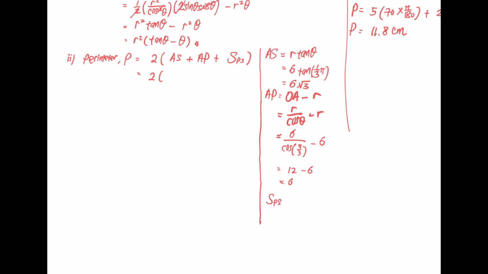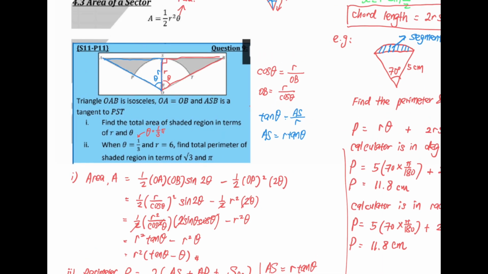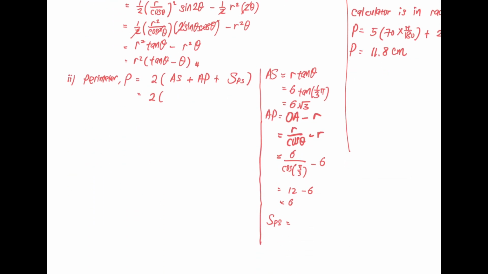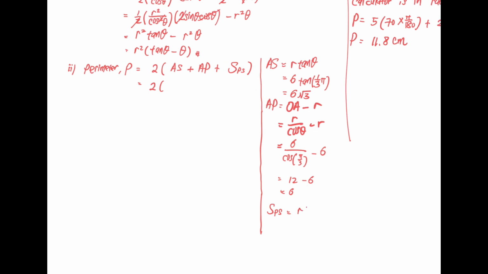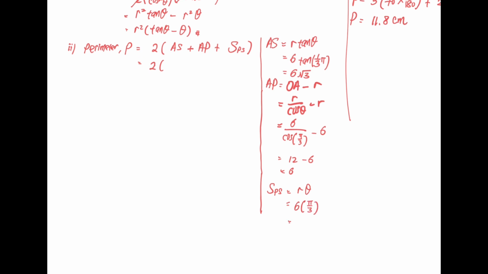Okay, now we find the arc length of PS then. Arc length of PS. As you can see, it is quite direct for this case. We have radius and theta. We can use S equals R theta. So R is 6, theta is pi over 3. So we get 2 pi then.